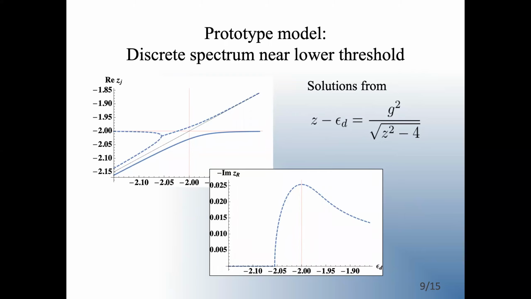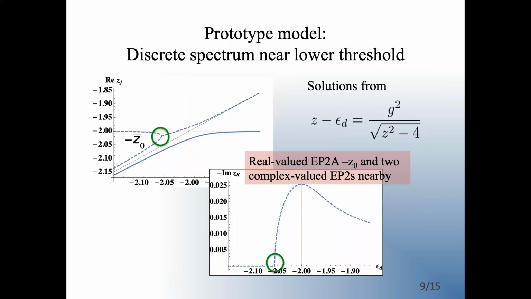We notice that a little below the lower threshold, we have a real valued ordinary EP2A, at which the two virtual bound states coalesce before forming the resonance anti-resonance pair. We notice that the decay width, the imaginary part of the resonance eigenvalue, is enhanced in the vicinity of the threshold here.